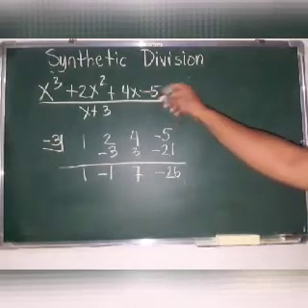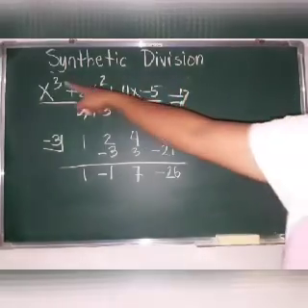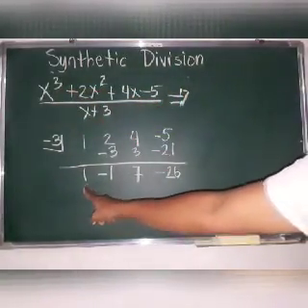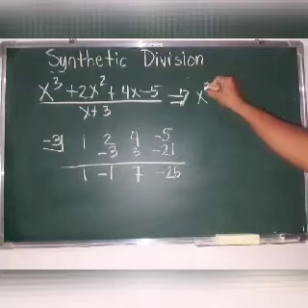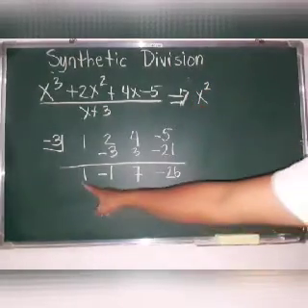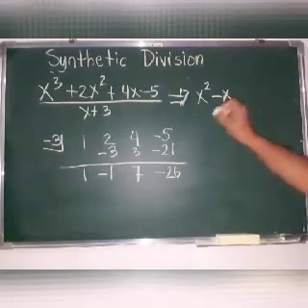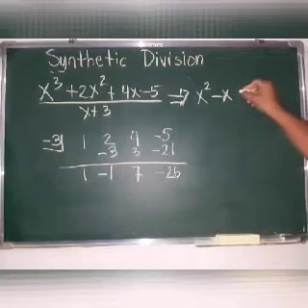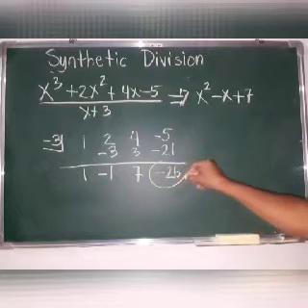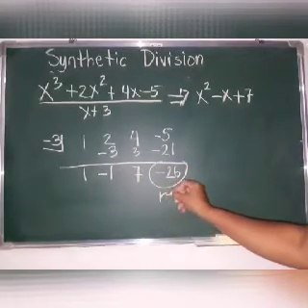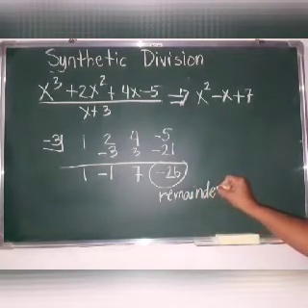Next, so the answer for this, we have, so this is cube. So, ang gagawin natin, mag-less tayo ng exponent. Ito ay magiging squared na lang. So, x squared. Ang x squared, ibig sabihin may 1 dito. No need to write 1. Next, minus x, kasi 1 siya, plus 7. And, how about this number? This number is our remainder. And how do we write remainder?